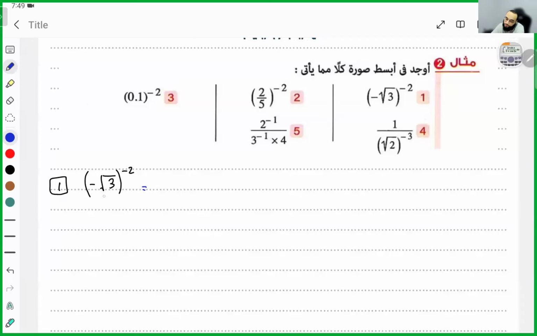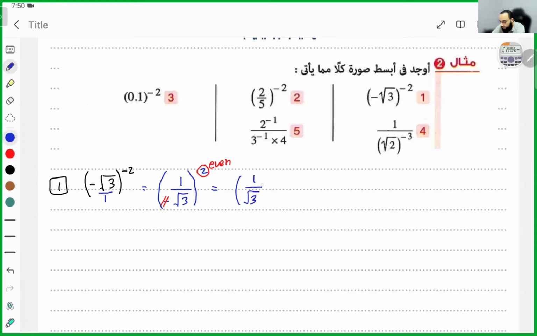Flip the fraction, make it 1 over root 3 with the negative sign, and delete the negative from the power. So I flipped the fraction, and then I deleted the negative. Okay? Right now, the power is even, so it can delete that negative.